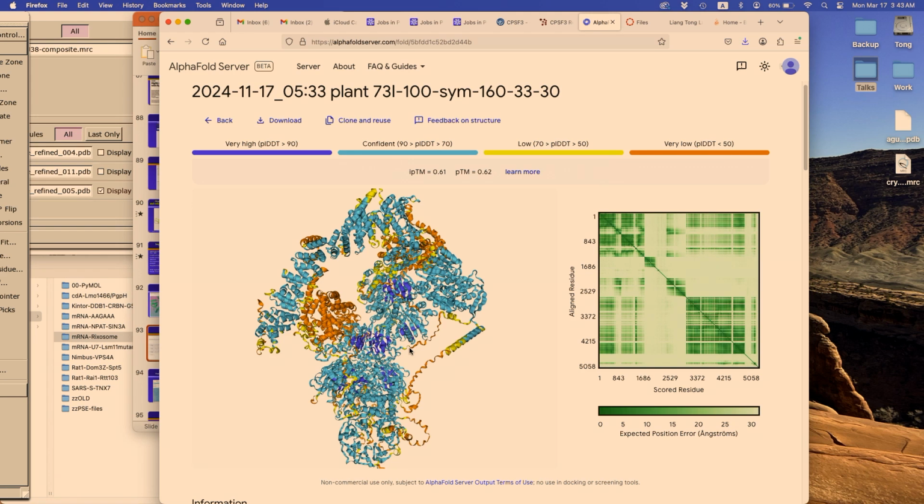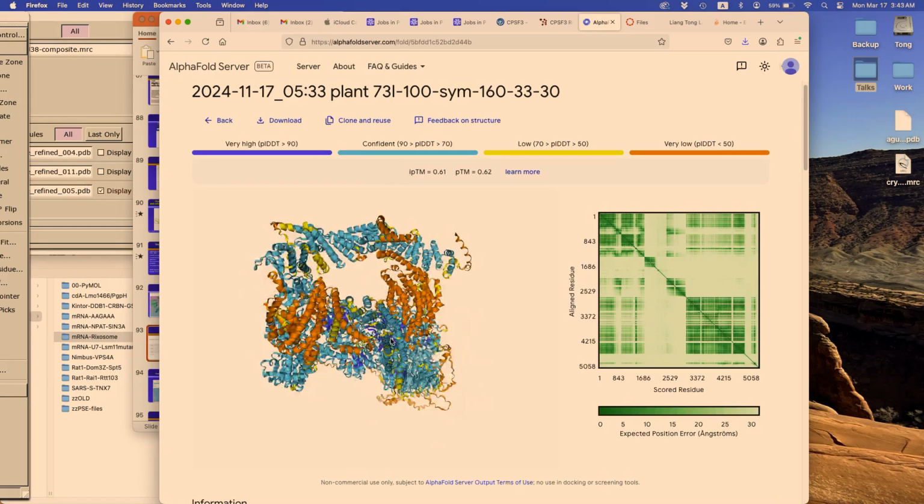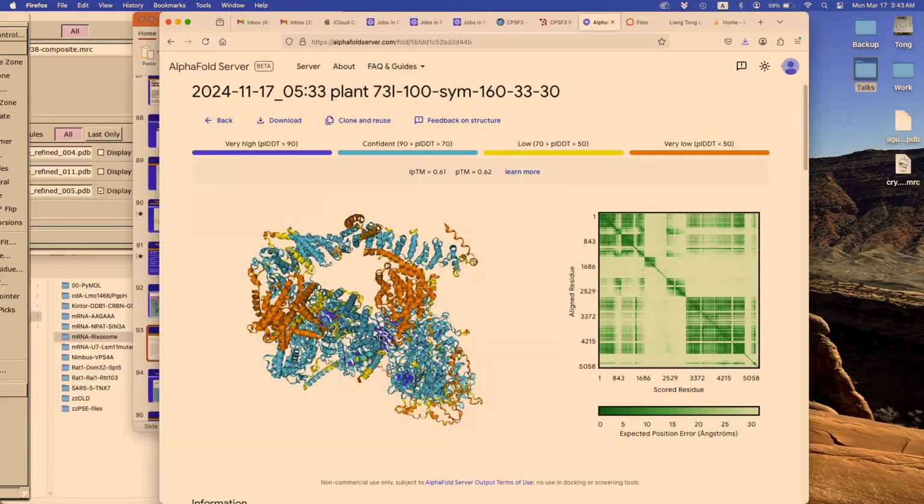So you can see these really beautiful alpha helical regions right here. A beautiful domain of alpha helices, but that's not real. AlphaFold will make them into a spaghetti, loops going all over the place. AlphaFold 3 makes them into a helical domain. So you have to ignore them because they are not really there.